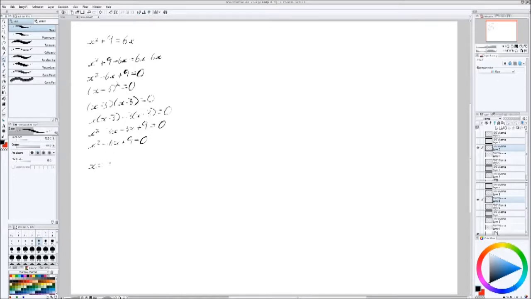So x is equal to negative b plus minus the square root of b squared minus 4ac all over 2a.